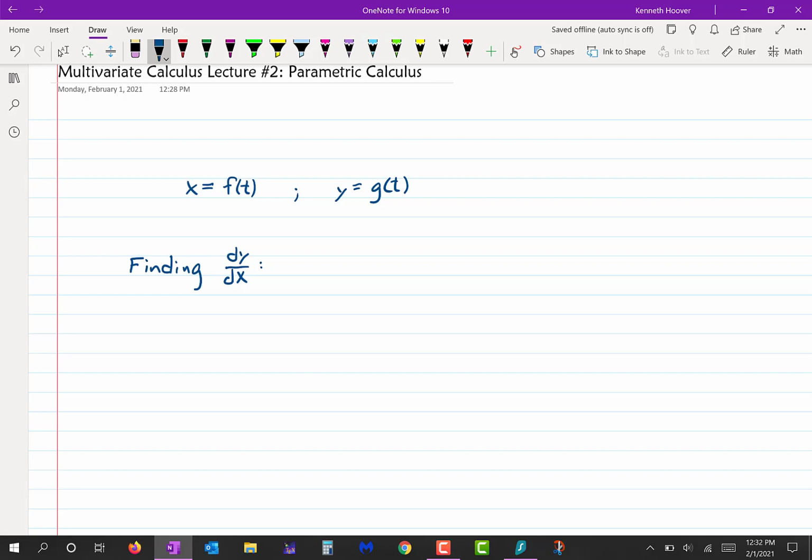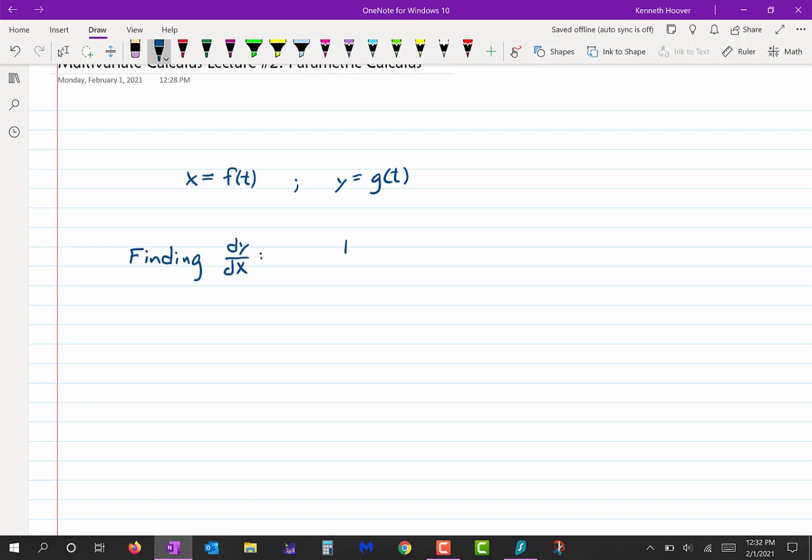But what we can do is write dy/dx equals dy/dt divided by dx/dt. In other words, g prime of t divided by f prime of t.